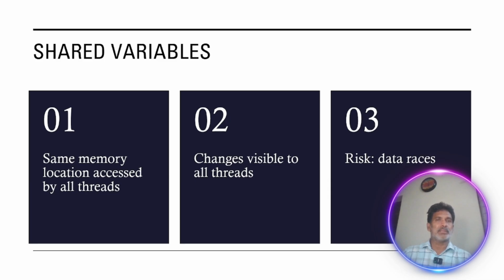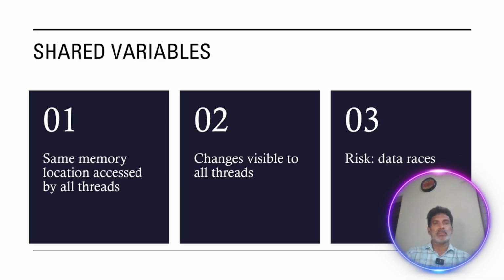Take an example scenario: if multiple threads update a shared counter without synchronization, the final value may be incorrect. Using proper control ensures accurate results.